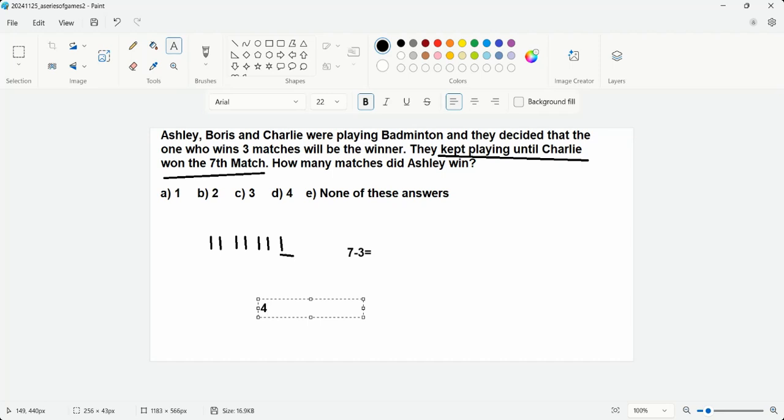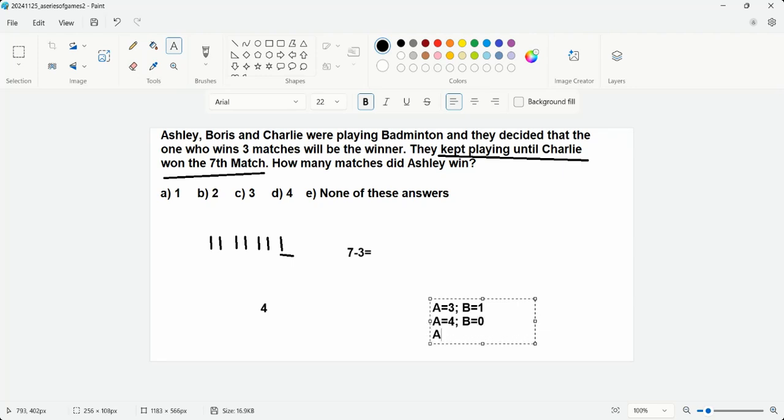So how do we know, out of 4 matches, how many Ashley won? This is a slightly trickier question, but let's see. If there were 4 matches between Ashley and Boris, it's possible that Ashley won 3 matches and Boris won 1. Sorry, there are total 4. So if Ashley won 3, Boris won 1. If Ashley won 4, Boris would win 0.